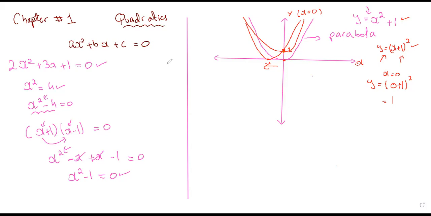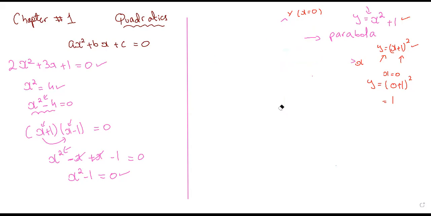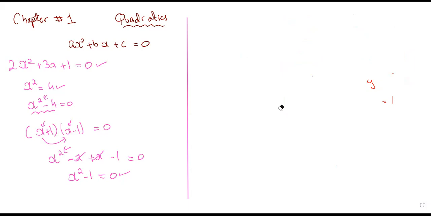Right, perfect. So let's talk about some more types. For example, let's say that you were asked to plot x plus 2 into x minus 3, okay, equals 0.